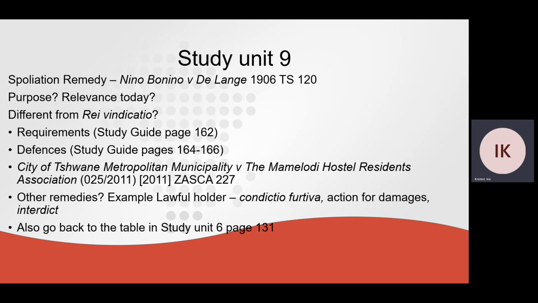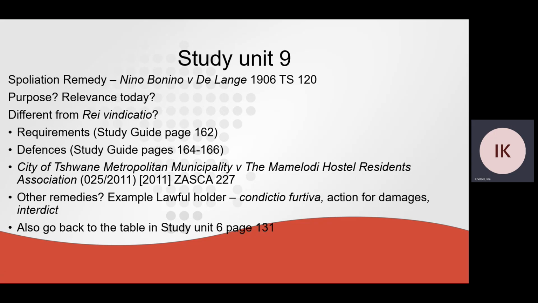The best advice that I can give you is to look at all the questions that we have in the study guide. And then most importantly, in study unit 6, that's where we deal with the protection of ownership, is the summary on page 130 of the study guide. Now, if you can open your study guide there, it's that long table that we have there on page 131.